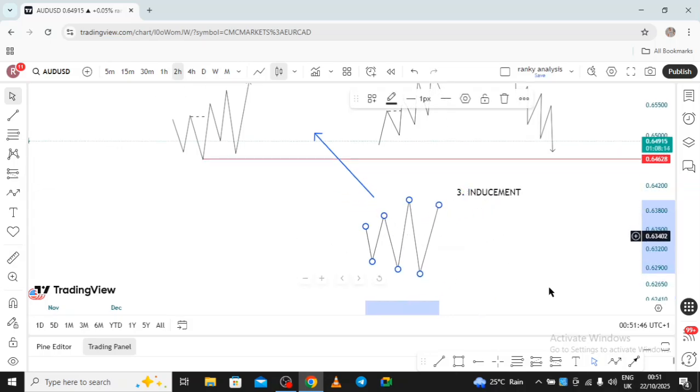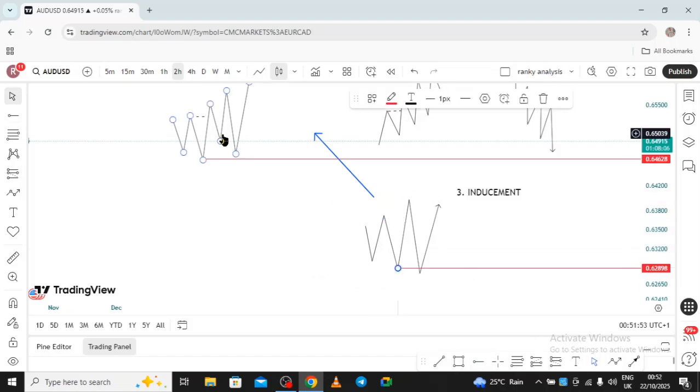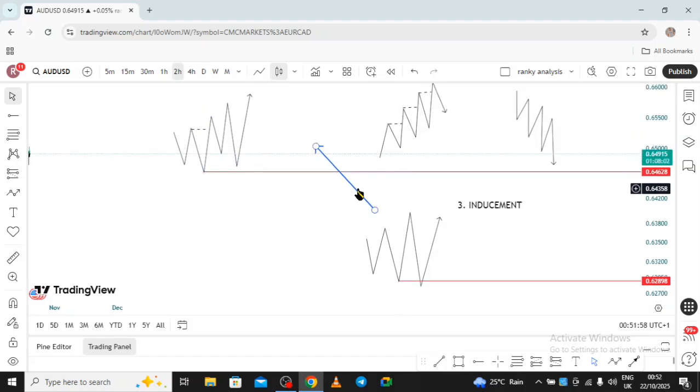See it? So this is the protected low. Whenever there's no structural liquidity like this, now this is a structural liquidity, so price has to just take it out and continue buying to the upside.